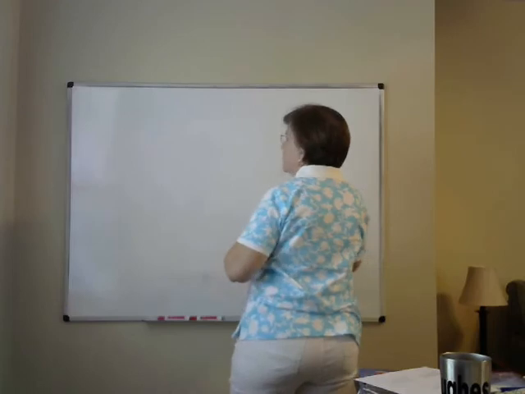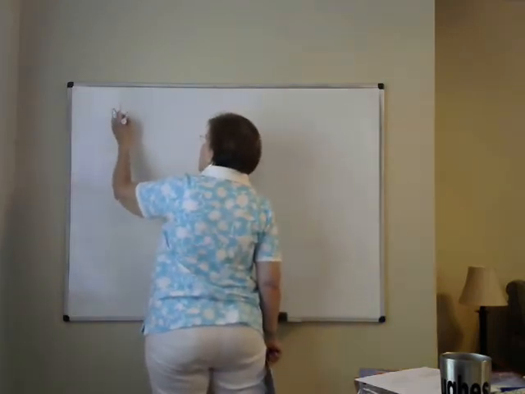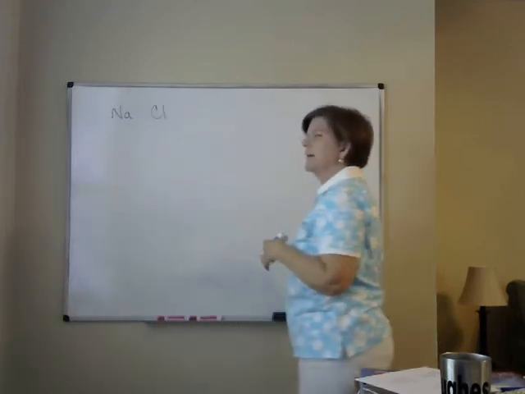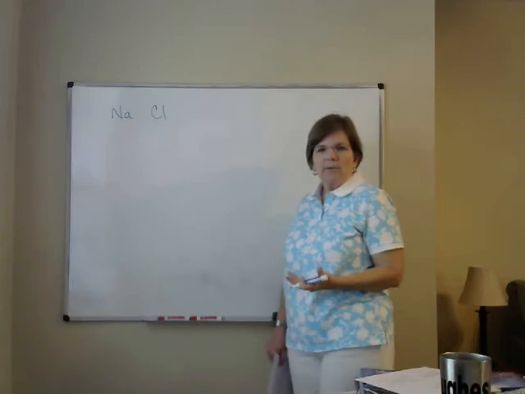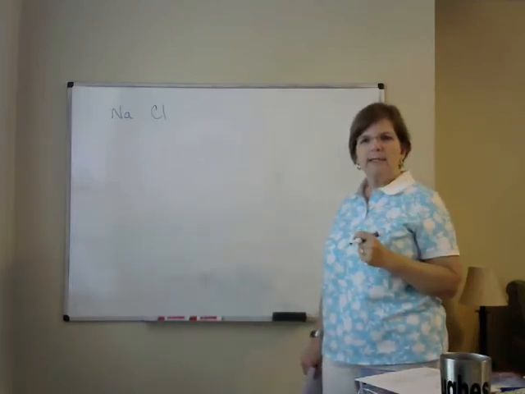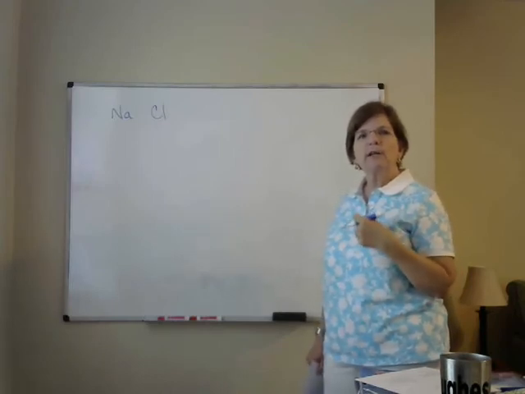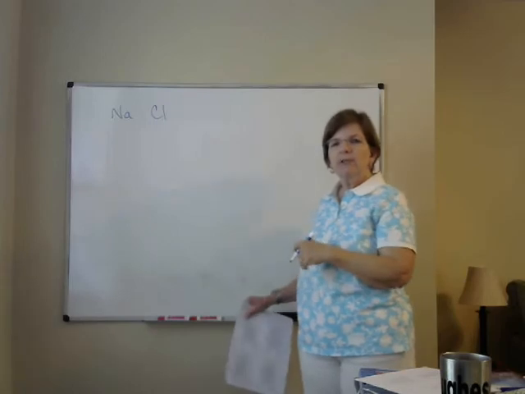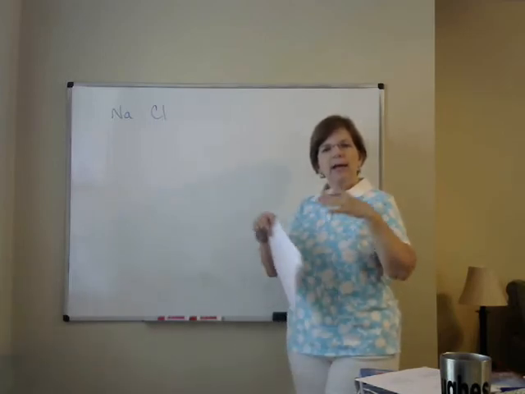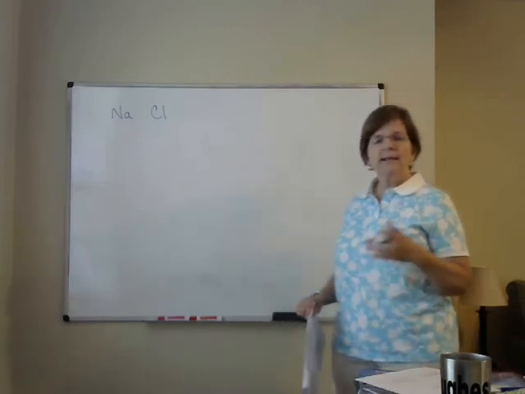Let's talk about two things that like to combine. One is sodium, and one is chlorine. Sodium is a metal, and it happens to have one electron in its outer shell. It really doesn't like having just one electron in its outer shell. If you took chemistry, you probably know that atoms prefer to have a full shell on the outside. So if they just have one electron, they tend to get rid of it.